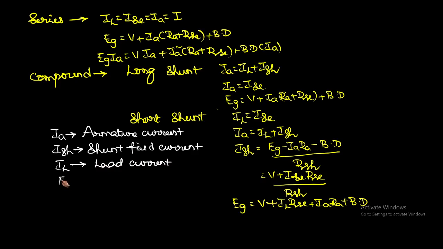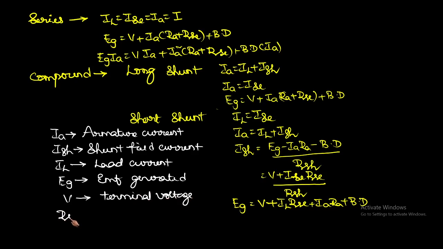Eg is the EMF generated. V is the terminal voltage. Rsh is the shunt field resistance.